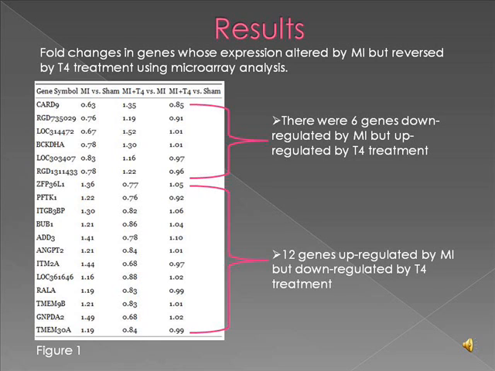The table above shows results from the microarray analysis, which allows us to measure the gene expression levels. There were 6 genes downregulated by MI but upregulated by T4 treatment. This can be seen in CARD9 gene, where the expression level in MI is 0.63, which is a decrease, whereas with T4 treatment it increases to 0.85.